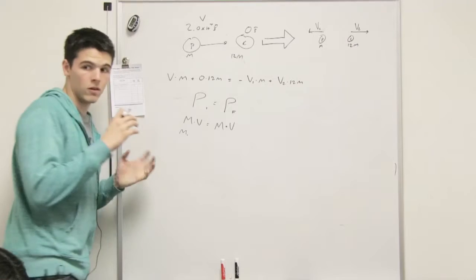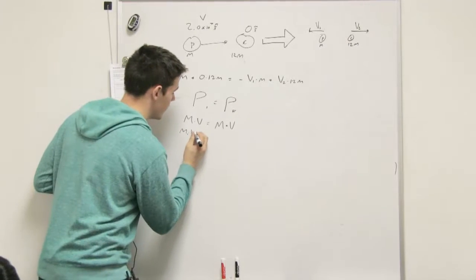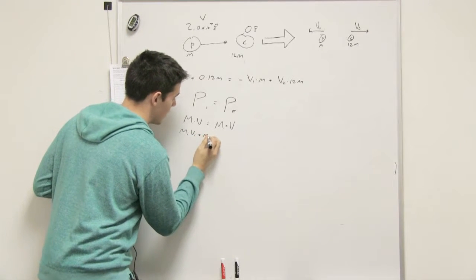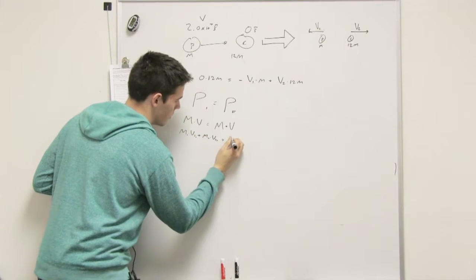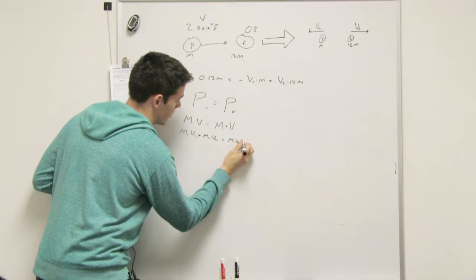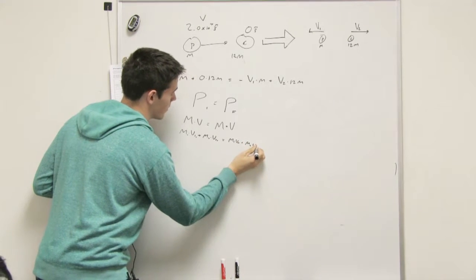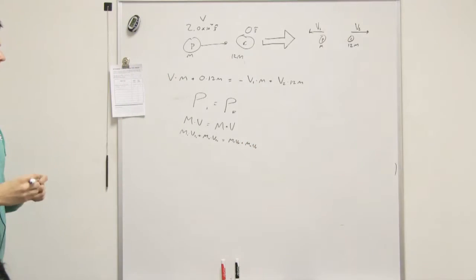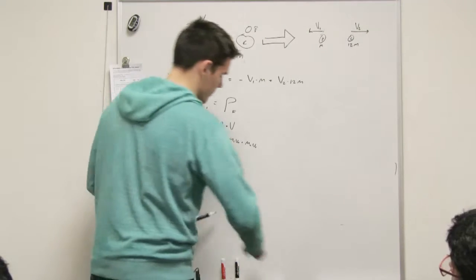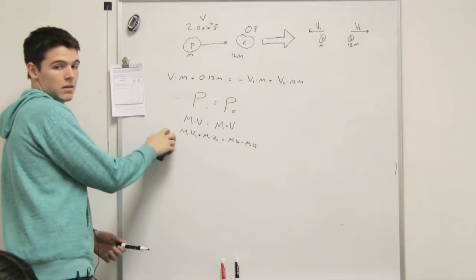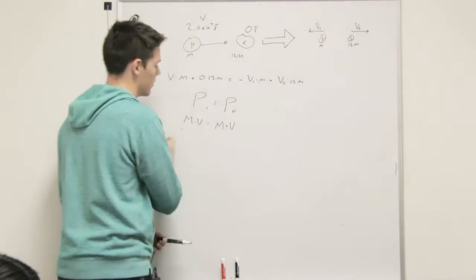If you have two objects, then it's m1 times v1 plus m2 times v2 initial, and those are all initials. That's equal to m1 v1 final plus m2 v2 final. If you had three objects, then you just add in the third one on both sides.